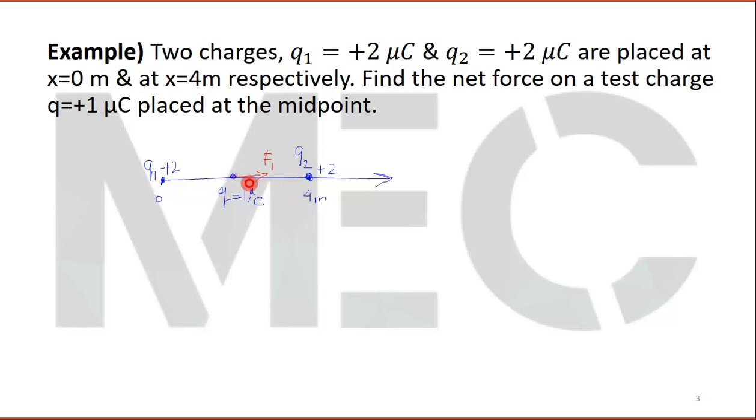And now we focus our attention on the force that Q2 applies to test charge Q. So the force is F2. It is again repulsion. Can we say that the magnitude of F1 and F2 are equal to each other? Yes, because the charges are the same and the distances are the same.